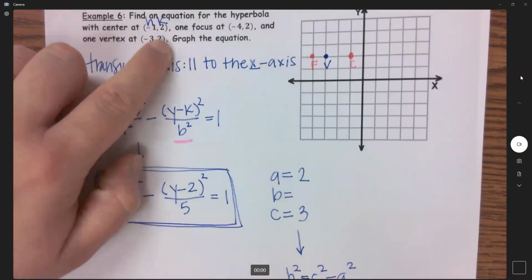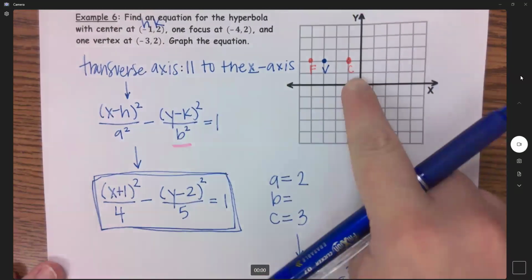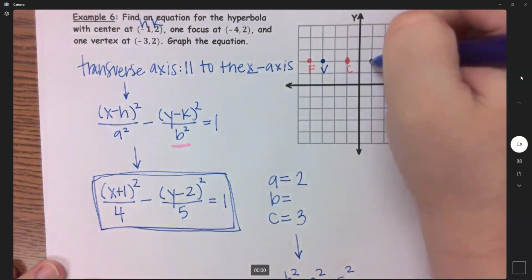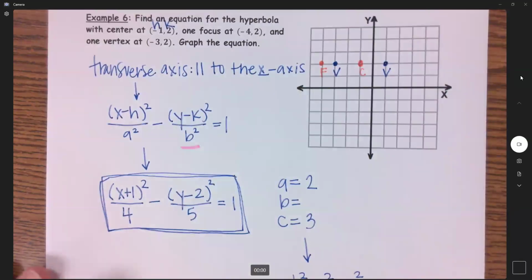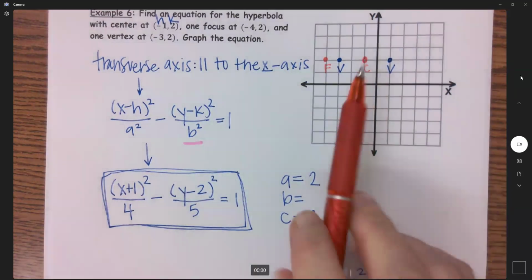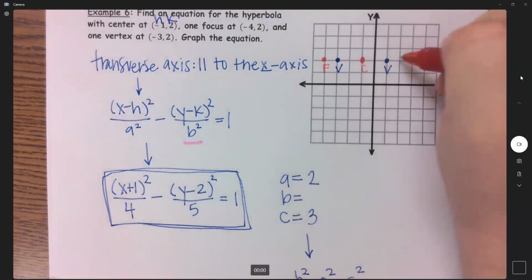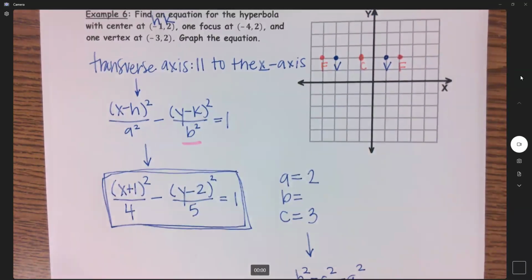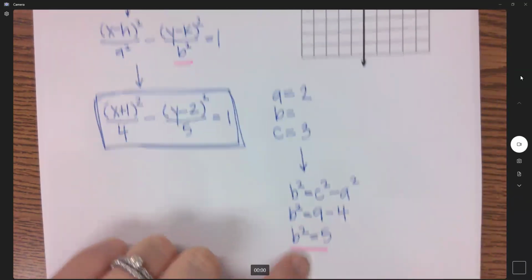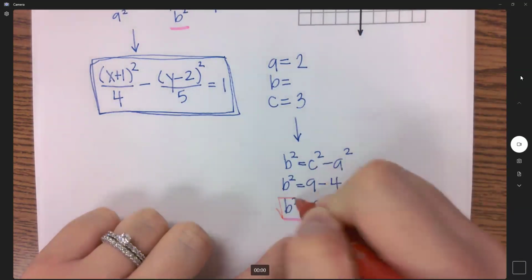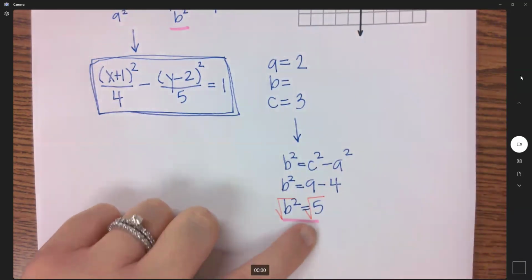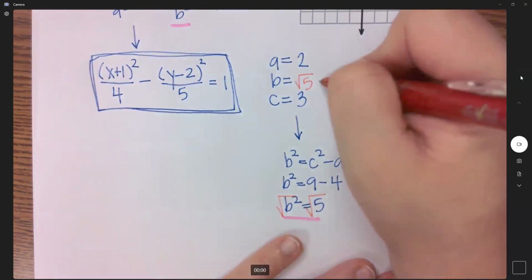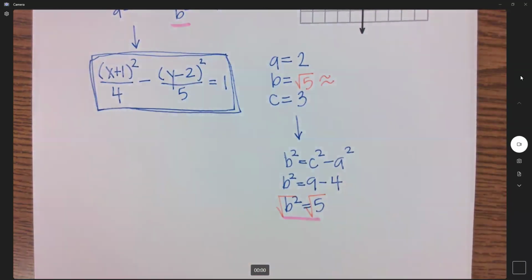So now let's graph. From my center, I have 2 units over as my vertex. I'm going to go 2 units over for my second one. 3 units is my focus. I'm going to go 3 units over for my second focus. And then use this b right here to make my box. We need to take the square root of both sides. Square root 5 is a prime number, so it will stay square root 5.